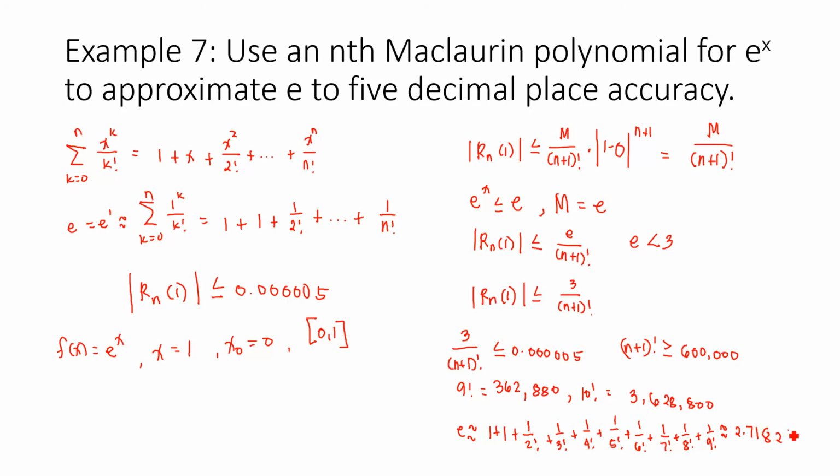So you can check using your calculator with the 12 digit representation of e, which is 2.7182818286, which agrees with the preceding approximation when we rounded to 5 decimal places.